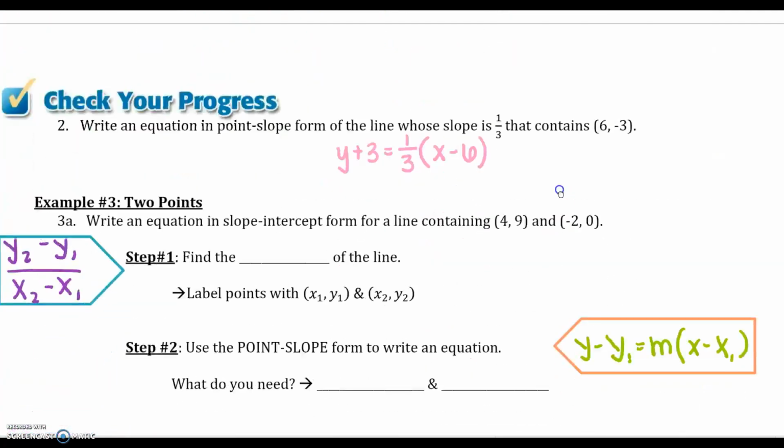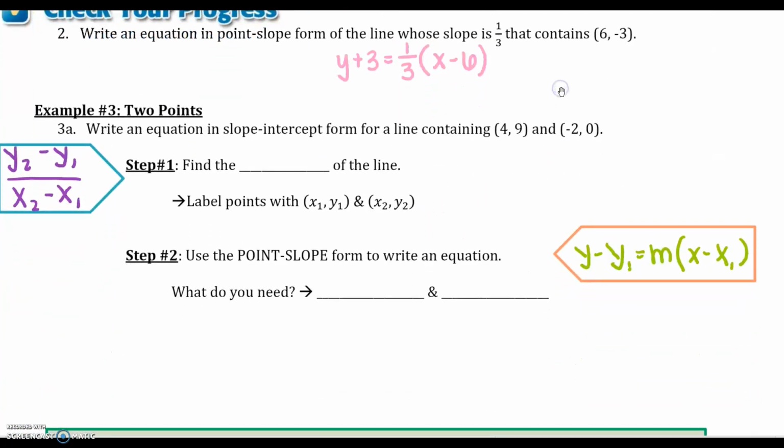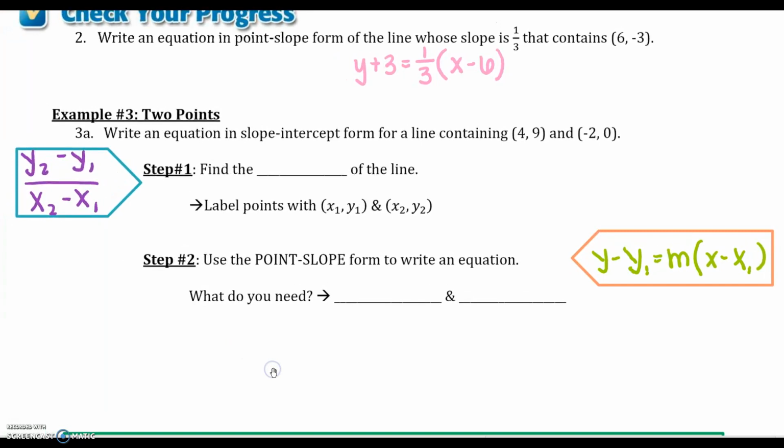There is your answer. All right, so what if I'm given 2 points and I'm asked to put it in slope-intercept form? So I need to write an equation in slope-intercept form. So remember that is y equals mx plus b.